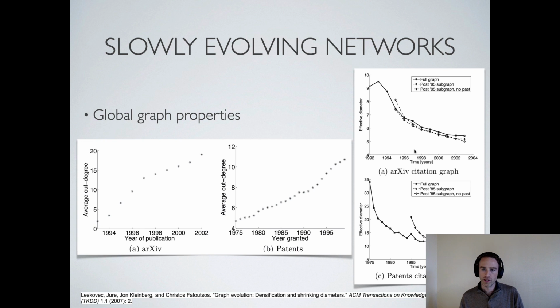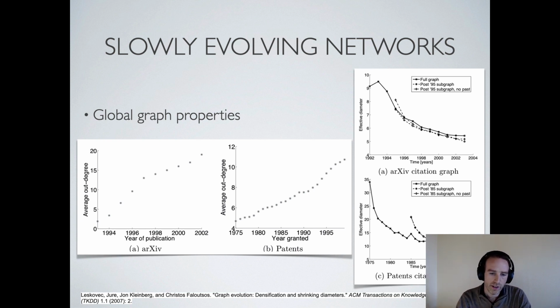Or on the right, they have studied the diameter of real networks also evolving with time, and they have observed that there is a shrinking diameter. So along time in these real networks, the diameter is actually decreasing, which is an interesting phenomenon because they have observed that there are more nodes and more edges, and nevertheless the diameter is decreasing.